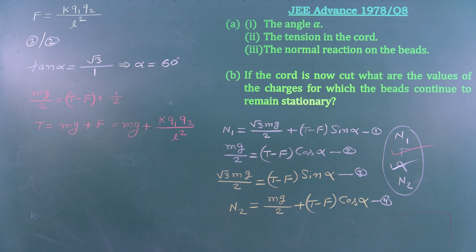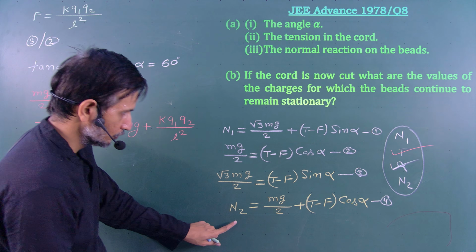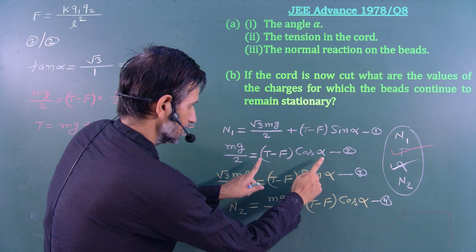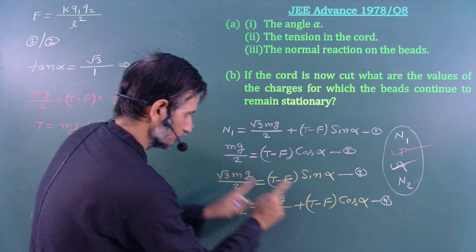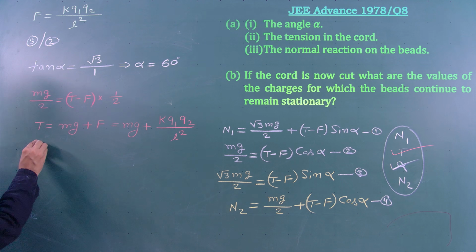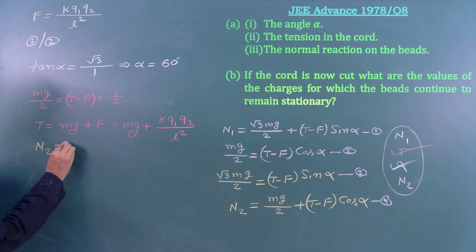Third part, N1 and N2. For N2, (T − F) cos α is mg/2, so mg/2 plus mg/2 is mg. So the value of N2 is mg.